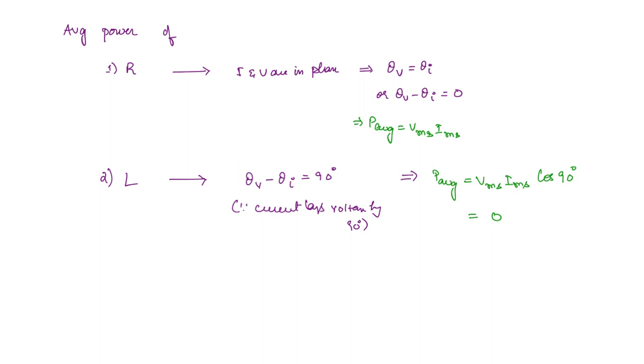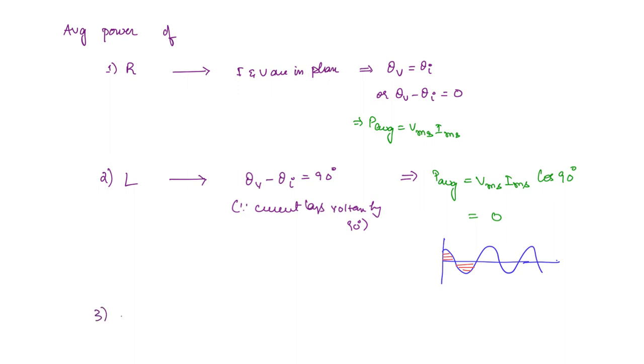So how is the average power coming to 0? This simply means that the cosine or sine function is oscillating over the x-axis, so the average value if you take it is 0. Over one half cycle the power will be consumed by the inductor, and over the other half cycle the inductor will give back the power to the source. That is why the average power comes out to 0.